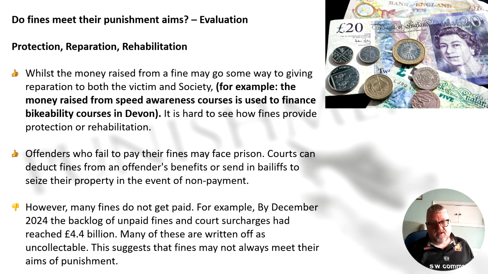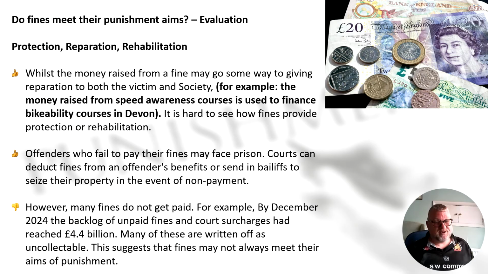However, and I think this is the stat I would use, many fines do not get paid. So by December 2024, the backlog of unpaid fines and court surcharges was £4.4 billion.